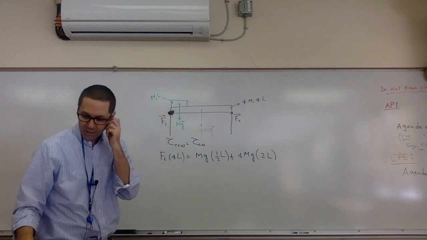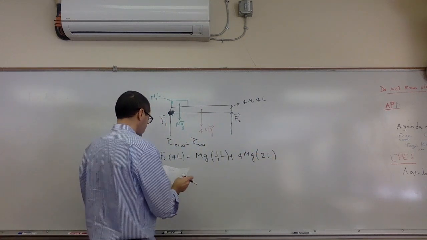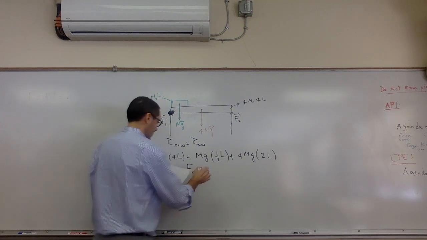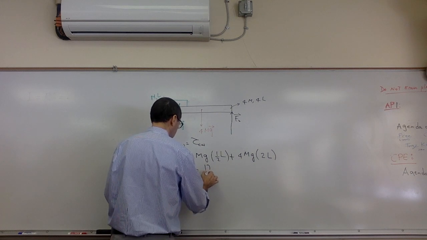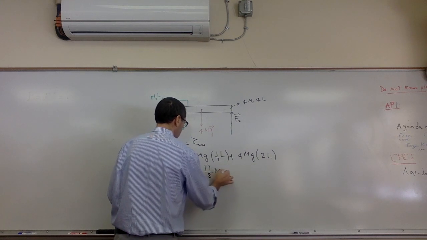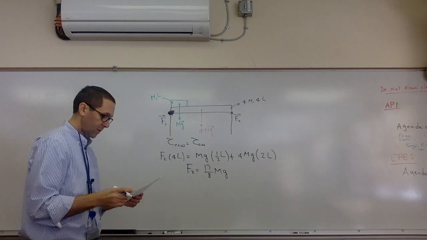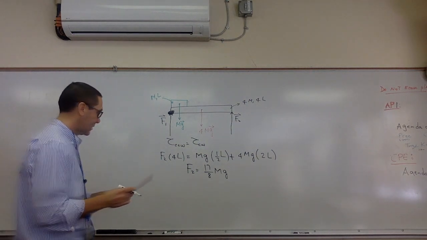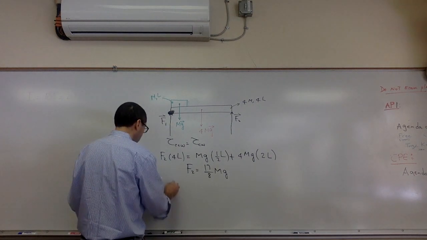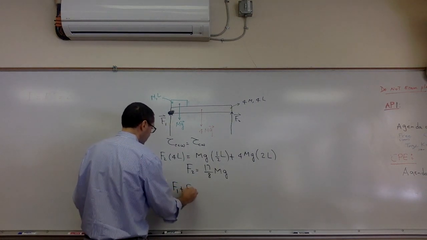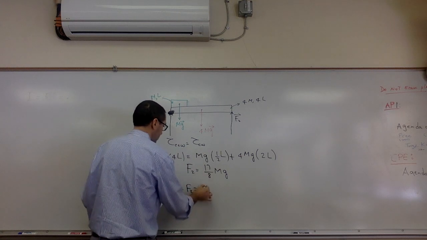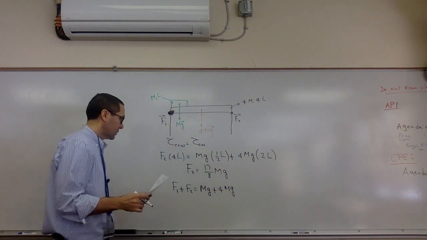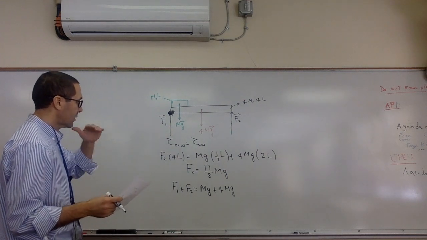Now if we do the math here, we should get that F2 is 17 over 8 times mg. We just write in terms of mg. Now to find F1, you just do F1 plus F2 equals mg plus 4mg, because now it's not moving linearly up or down.